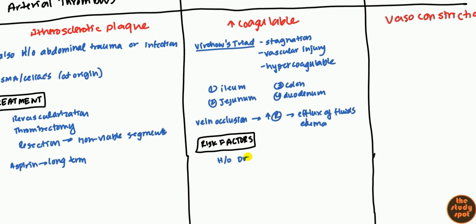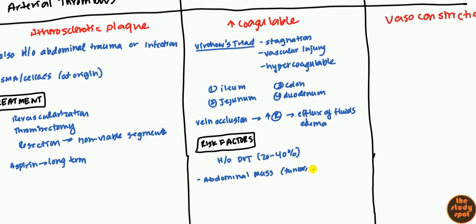Risk factors: up to 20 to 40% have a history of DVT. So you can definitely say a patient with DVT is generally at risk for other thrombi, including mesenteric and others as well. The next would be any type of abdominal mass, and this can be either a tumor or a pseudocyst.